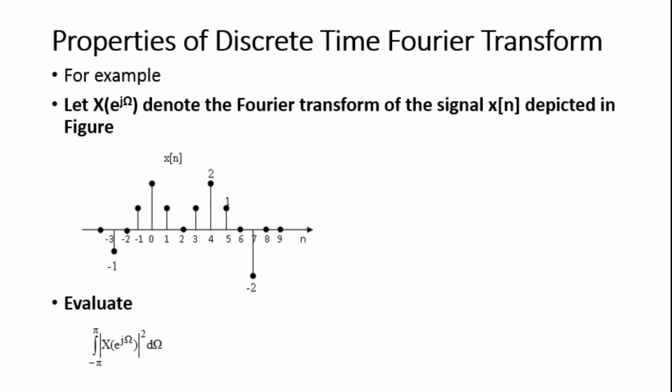For example, let x of e power j omega denote the Fourier transform of the signal x of n, depicted in the figure, where the signal values at different instants are given. We have to evaluate integration minus pi to pi mod of x of e power j omega square d omega.